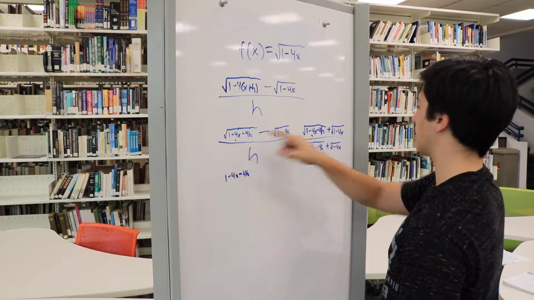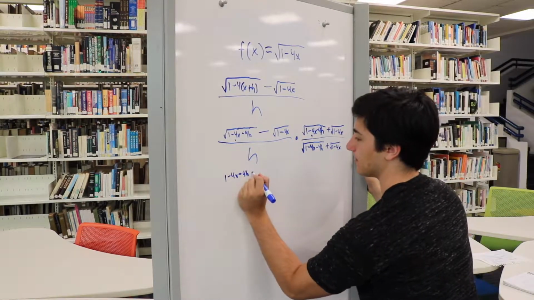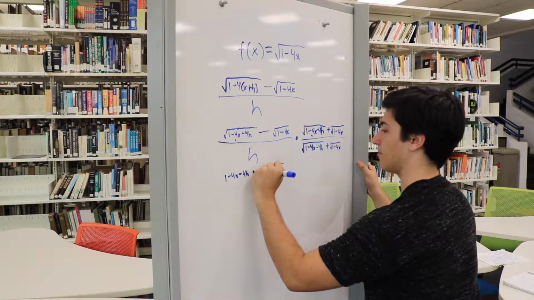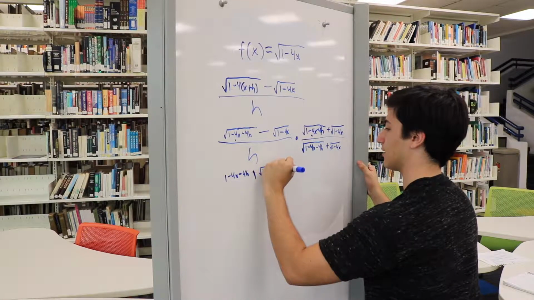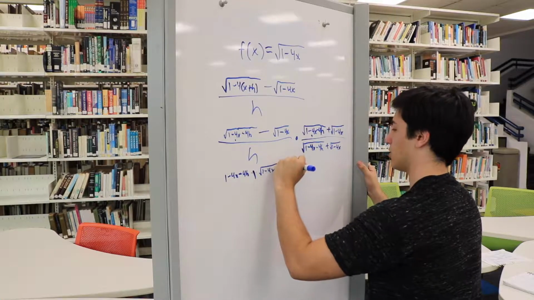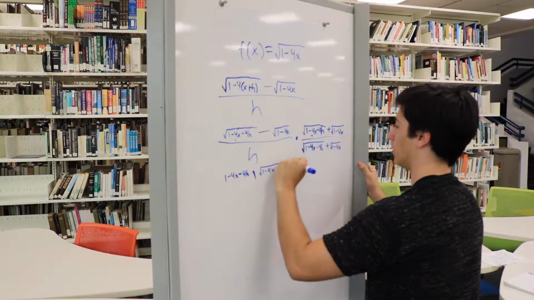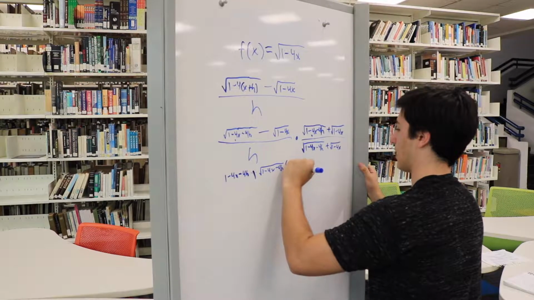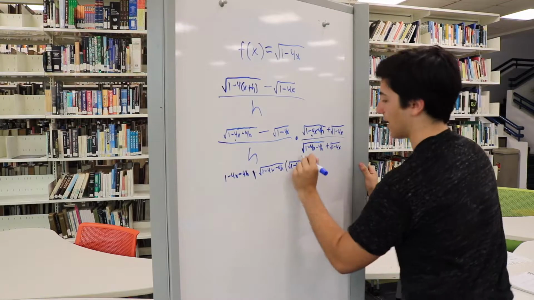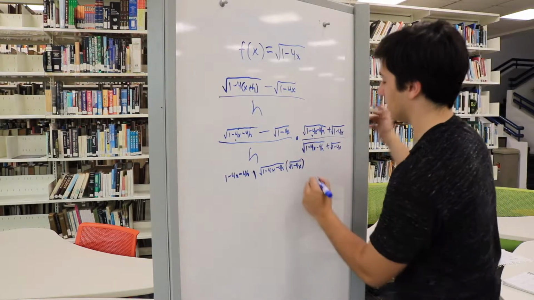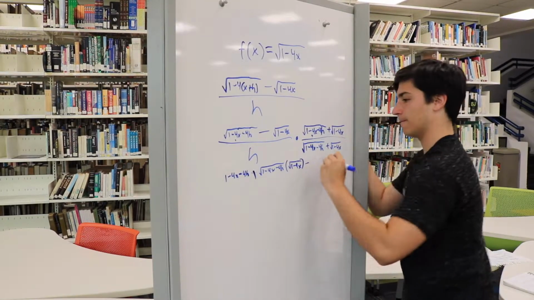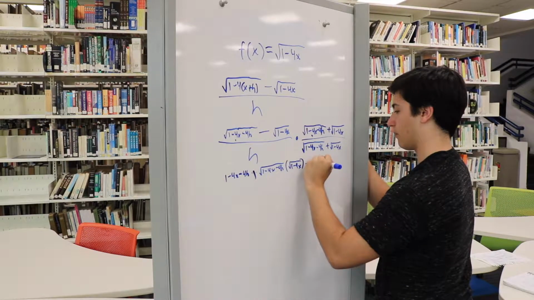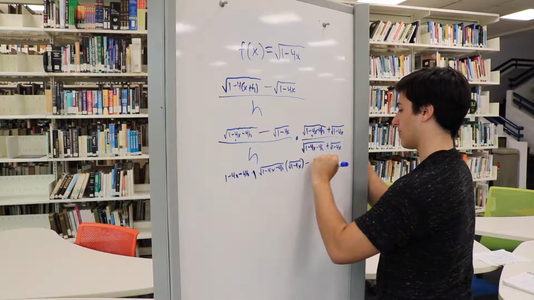After that, we multiply this times this, that is plus the square root of 1 minus 4x minus 4h, and then we multiply it times the square root of 1 minus 4x. And then we multiply this times this, that is minus the square root of 1 minus 4x.